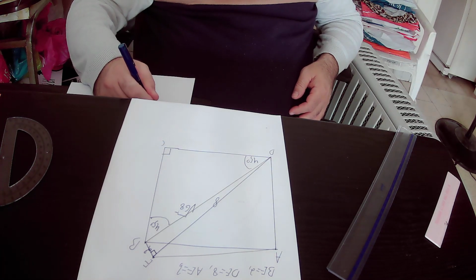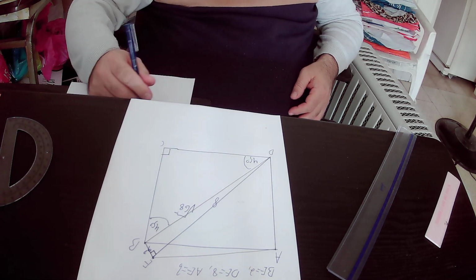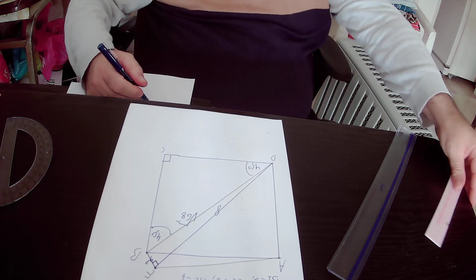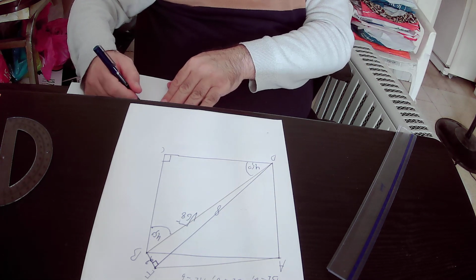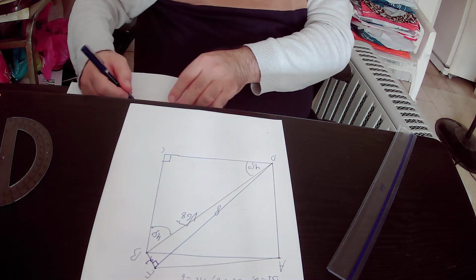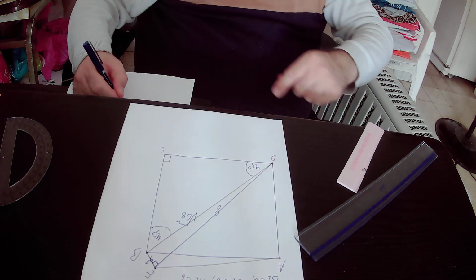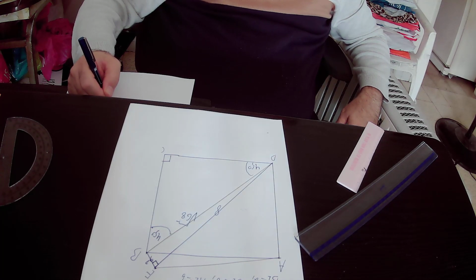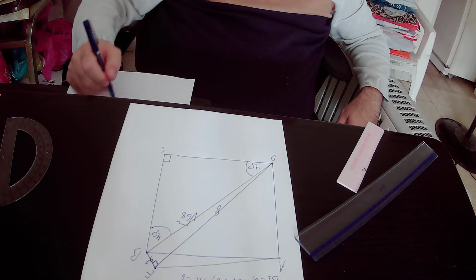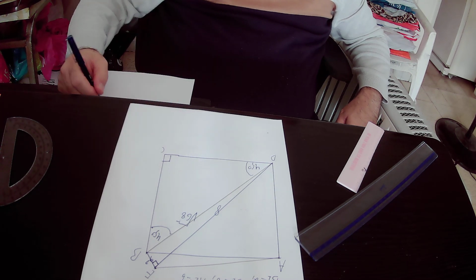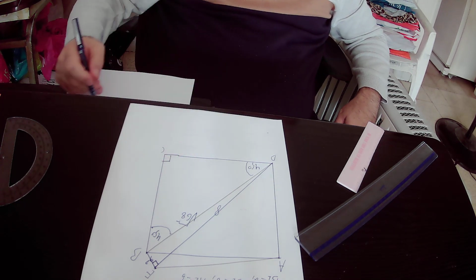So in triangle DBC, this right triangle, cosine 45 degrees equals DC over DB.